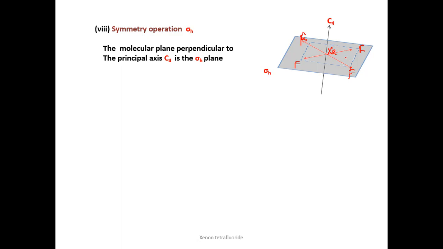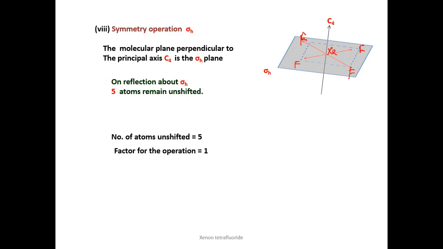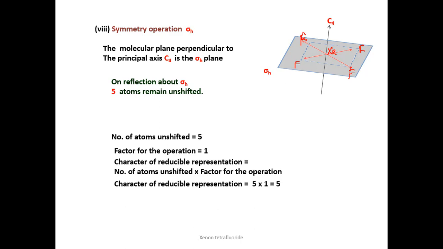Whatever atoms are present in the plane itself will not undergo any change during reflection, so the number of unshifted atoms will be equal to 5. The factor for the operation sigma is 1, and so the character of the reducible representation will be 5 into 1 equal to 5. Now let us find out how we get the factor for sigma as 1.